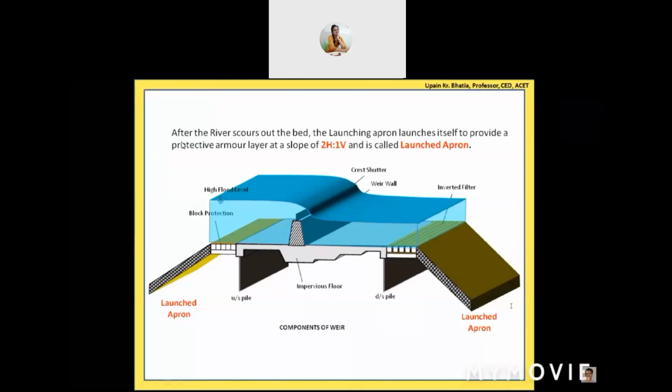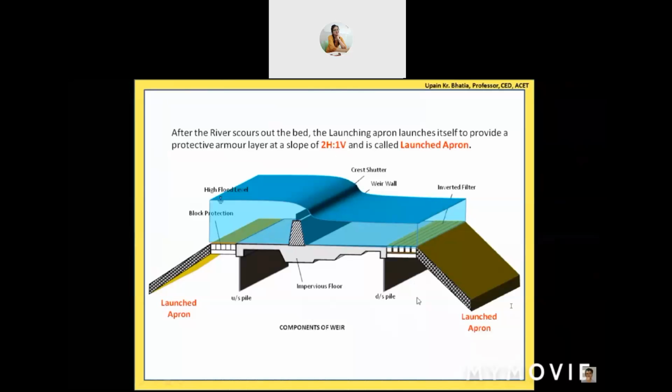So here we have one text also: after the river scours out the bed, the launching apron launches itself, providing a protective armor layer, with a slope of 2 horizontal to 1 vertical, and is called the launched apron. So the slope of this particular launched apron is 2 horizontal to 1 vertical.